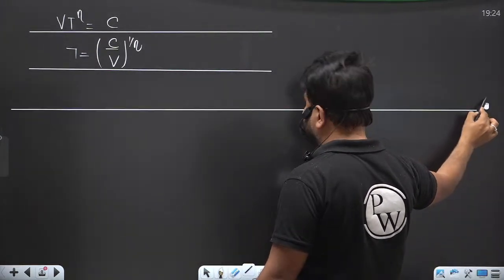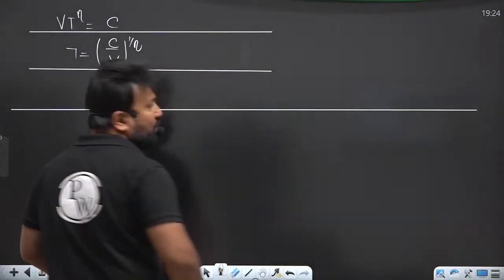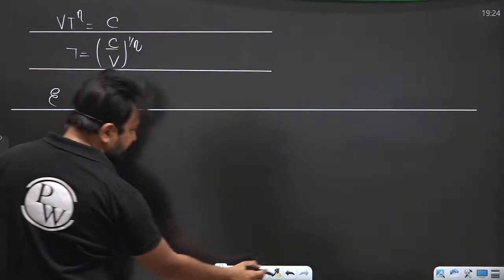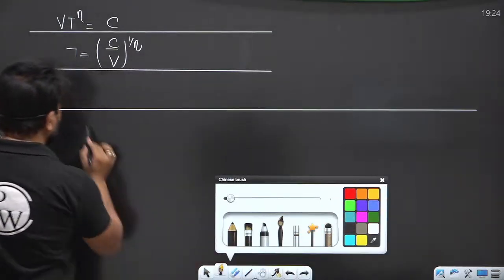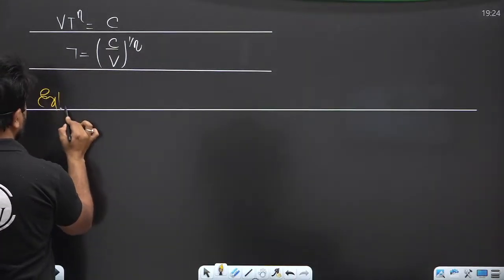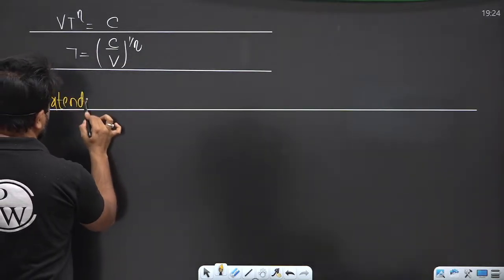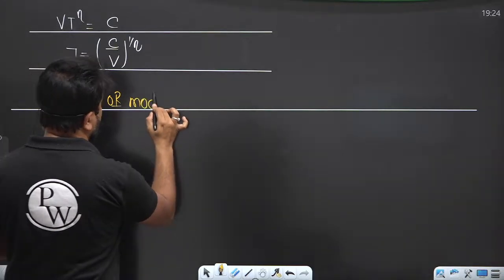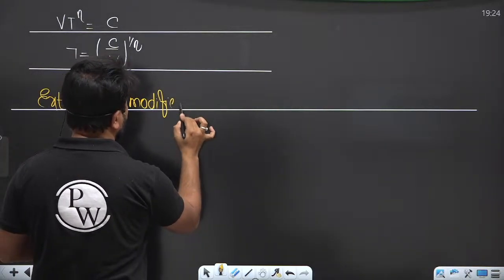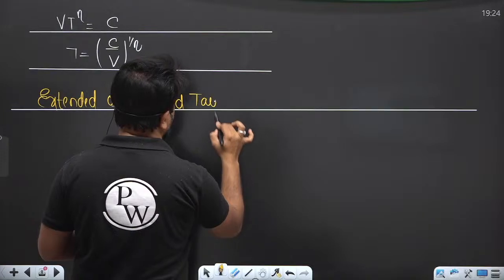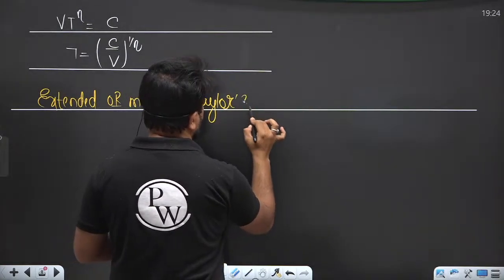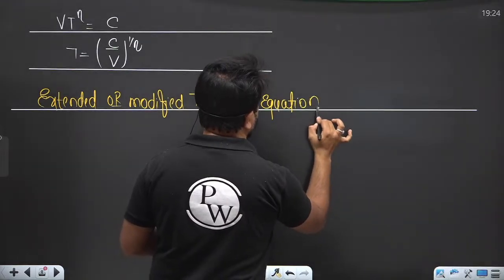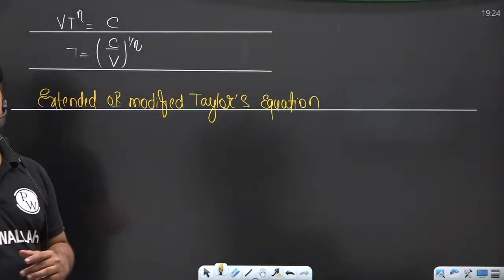Now let's try to understand this extended or modified Taylor's equation.